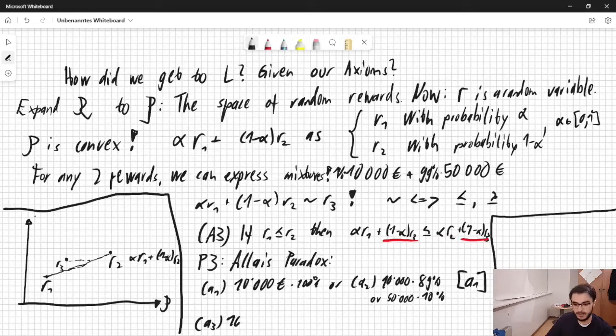Would you rather get 10,000 euros with a probability of 11%? That's A3. Or would you get A4, which is 50,000 with a probability of 10%?